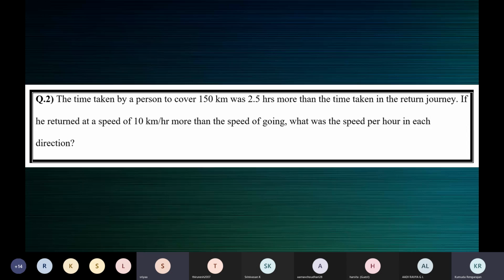Ma'am, the equation is x square plus 10x minus 600. Let me just check here.